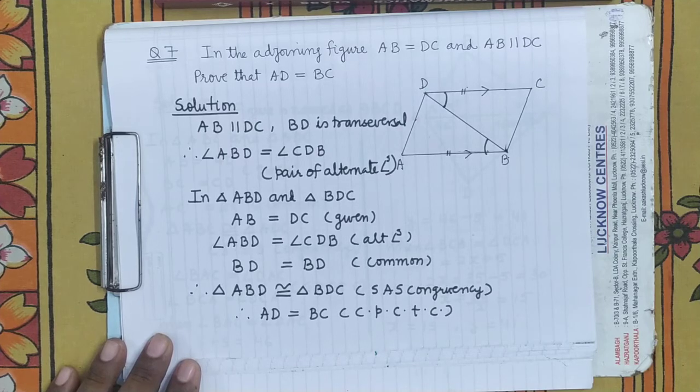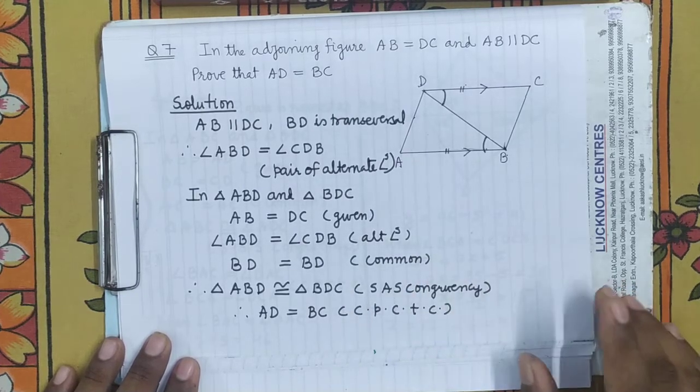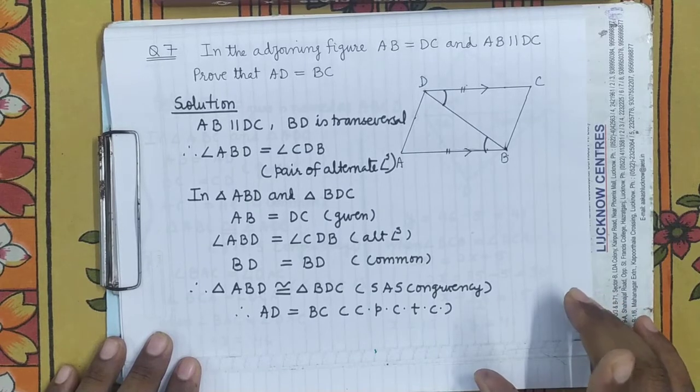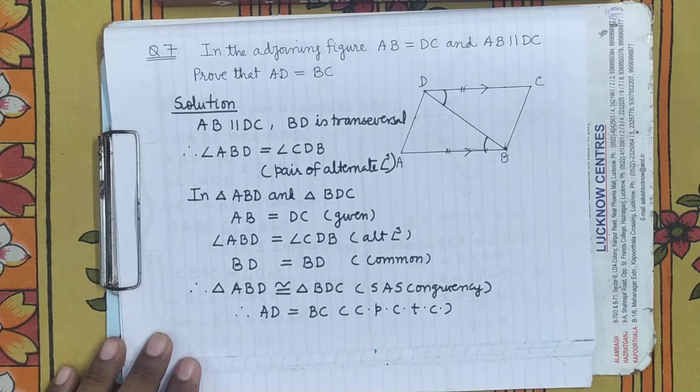By doing that, you will start writing. Otherwise, you cannot write. So, first you identify the equal parts and then by which congruency they can be proved equal.